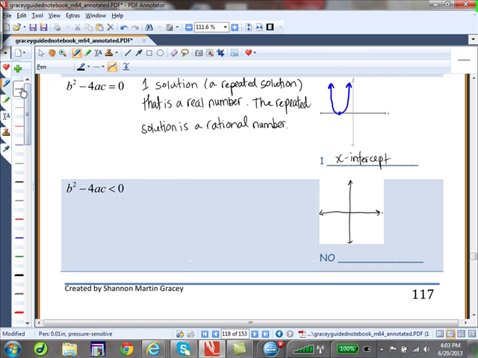Okay, and in this case, when your discriminant is negative, what happens is you get no real solutions, because you're going to have a negative under the radical. So you'll have 2 imaginary solutions, which means that there are no x-intercepts.